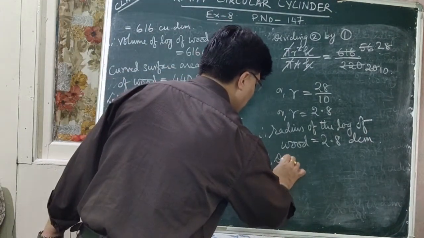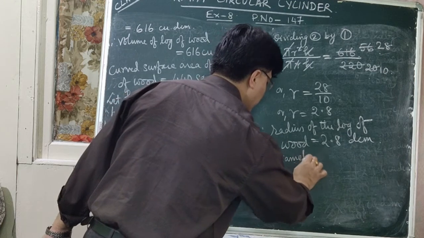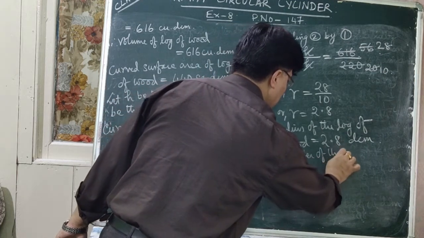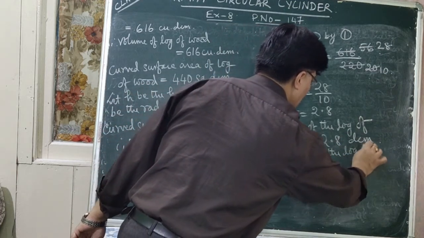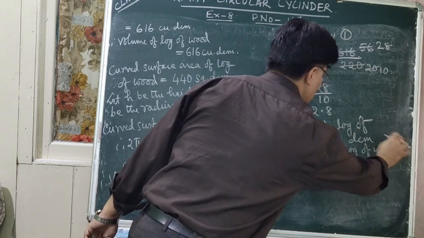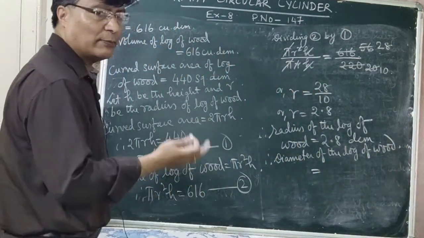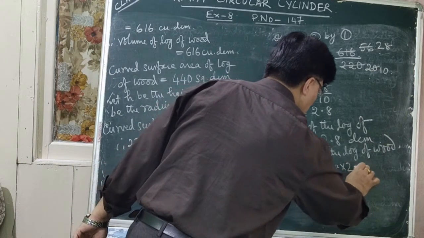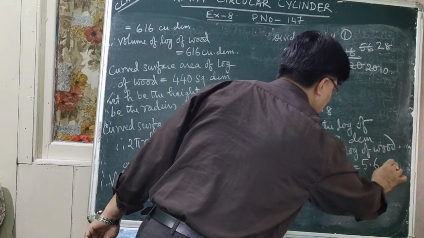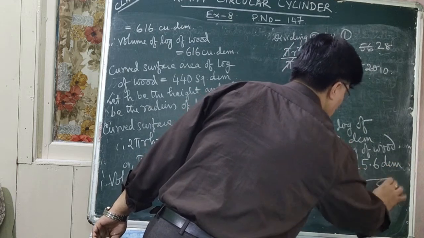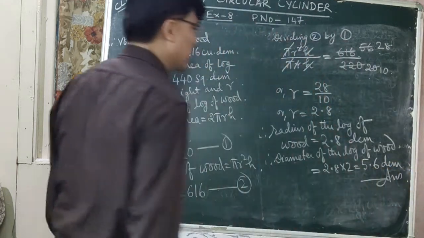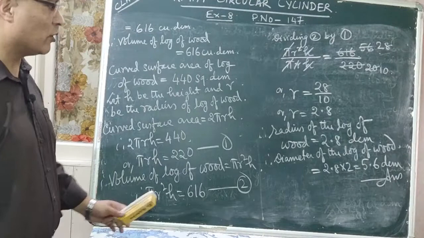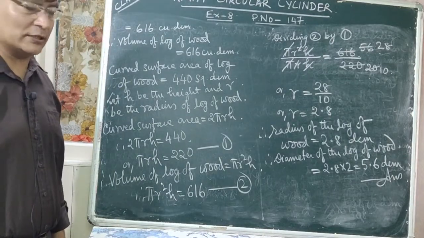So therefore diameter of the log of wood is equal to, this radius should be multiplied by 2. 2.8 into 2 is equal to 5.6 decimeter. So this is the answer for the length of the diameter of the log of wood, 5.6 decimeter.